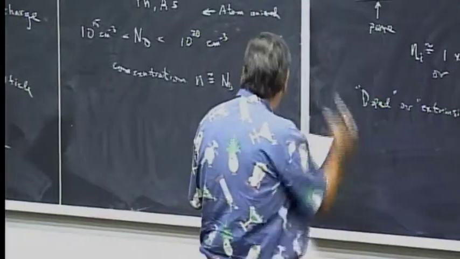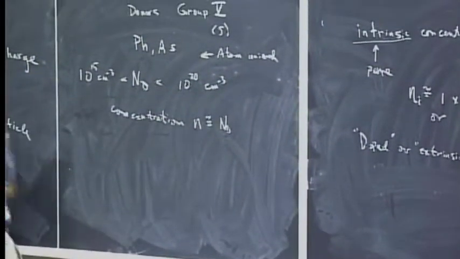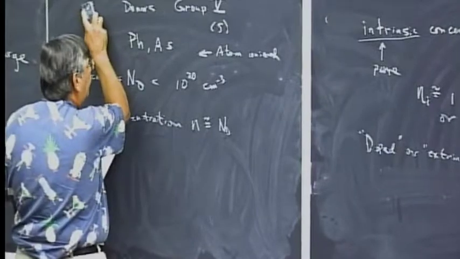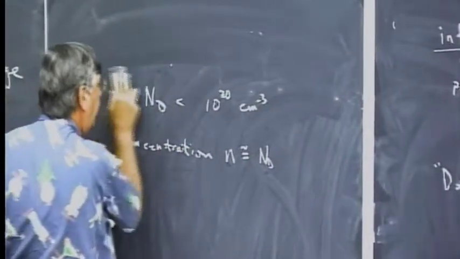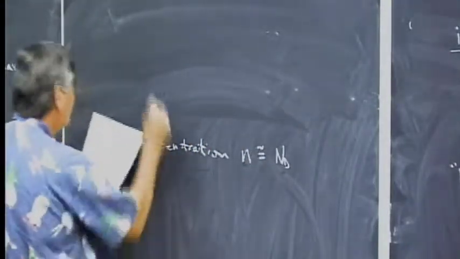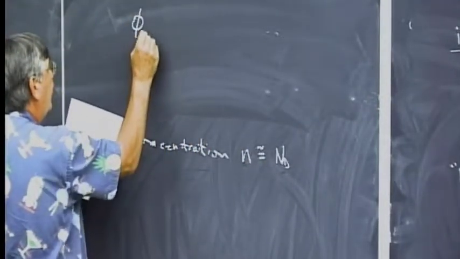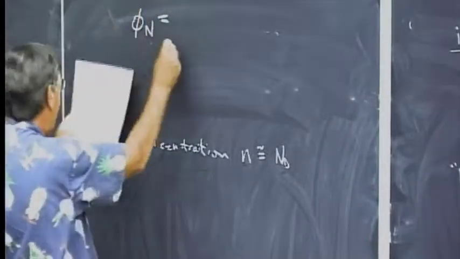For N-type material, there is a built-in potential, phi sub n, because it's N-type material.